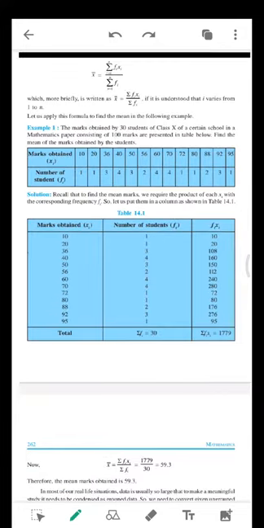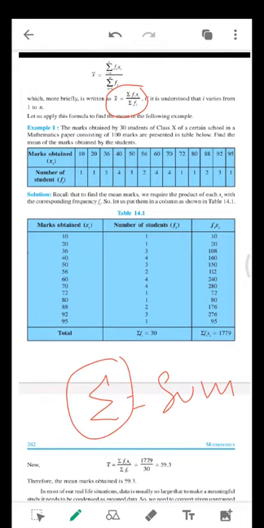The formula for finding mean of this type of data is x bar, that is, x bar is nothing but mean, equals sigma fi xi by sigma fi. This symbol sigma, summation, means sum of the observations or the frequencies. So whenever we get this symbol, we find the sum. Remember, keep this in your mind.